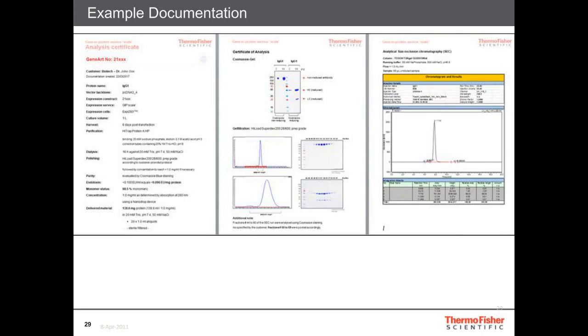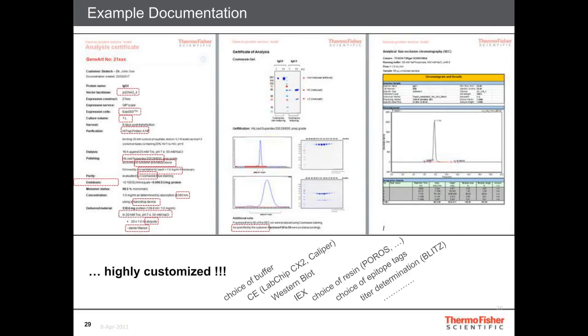But I also want to strongly mention that we are really a highly customized service, where you have the free choice of expression system, expression plasmid, culture volume, analytical or purification steps, which are requested according to your needs. So this would be just a look at a basic, standard documentation, but of course this can be customized according to your needs.